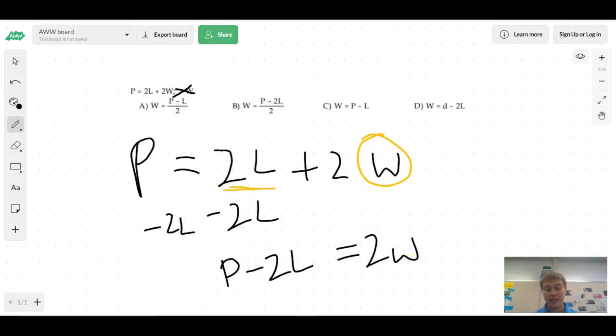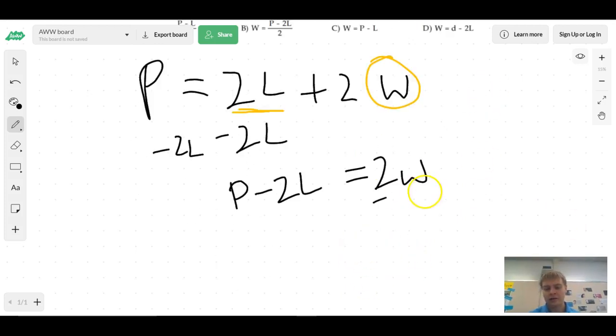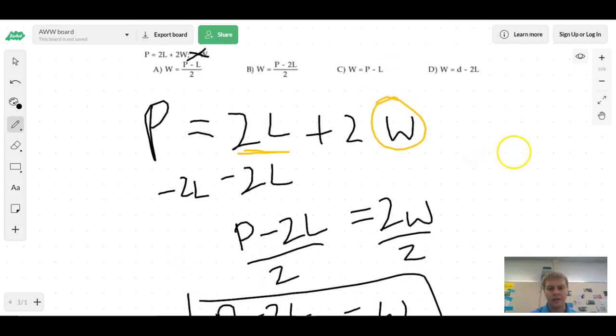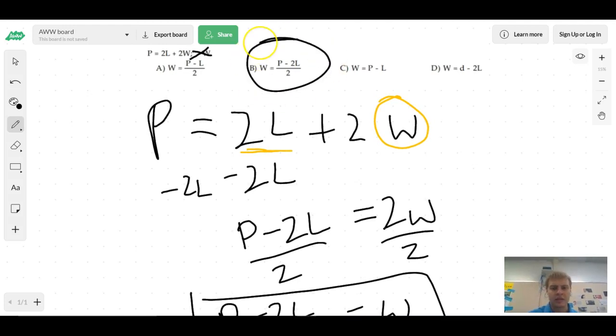And then how am I going to get rid of the 2? Well, since 2 is attached to w, or it's multiplying it, all we would have to do is divide by 2. And we're going to get p minus 2l over 2 is equal to w. And that would be my final answer.